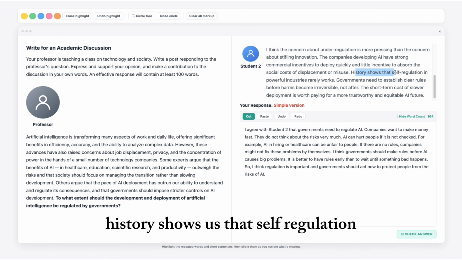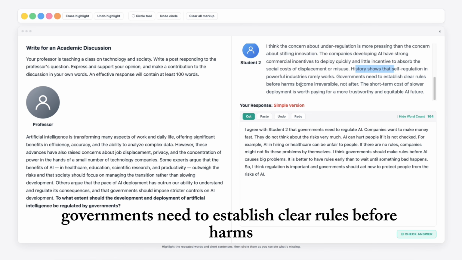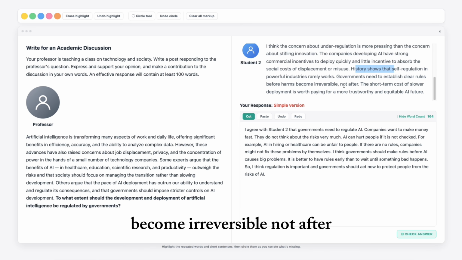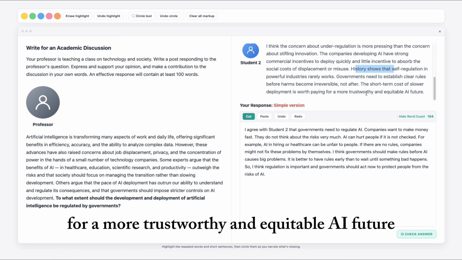History shows us that self-regulation in powerful industries rarely works. Governments need to establish clear rules before harms become irreversible, not after. The short-term cost of slower deployment is worth paying for a more trustworthy and equitable AI future.